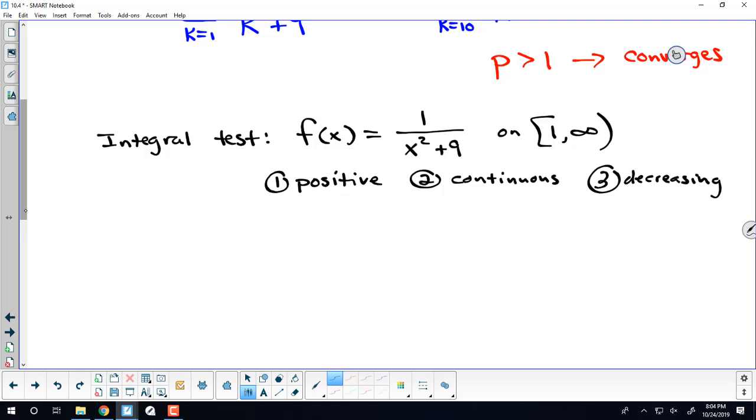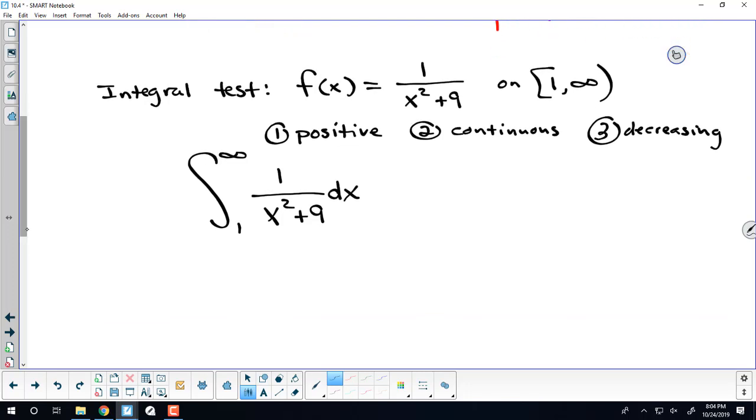Verifying those 3 conditions, integrating this as inverse tangent. Do you remember what the inverse tangent was as the argument approaches infinity? Yeah, pi halves. I guess we'll use B, but just a reminder.